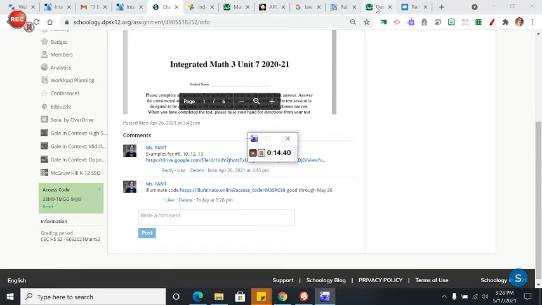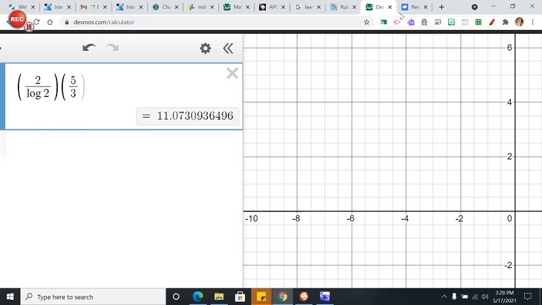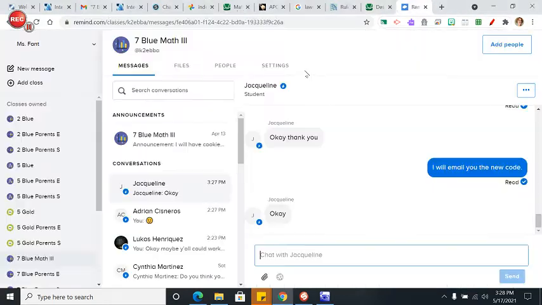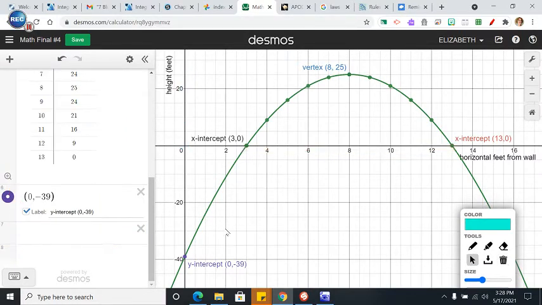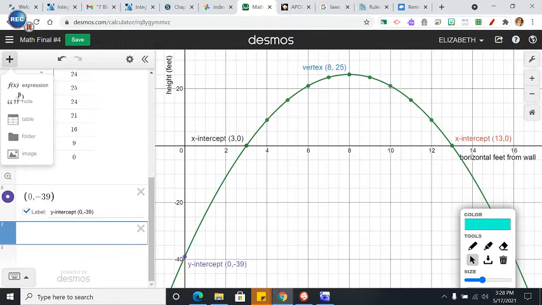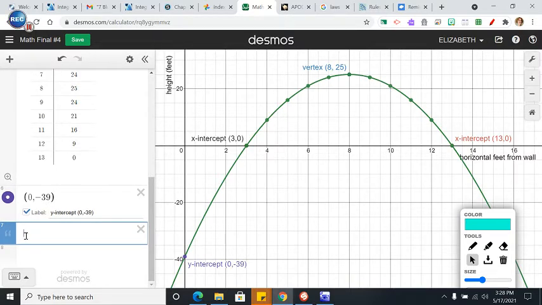Where were we? I was typing in here, so I clicked on the little plus sign and I put note. Let me erase these. Okay, I'm going to enter the domain. Let me try that again. Note, then we can type in a note.